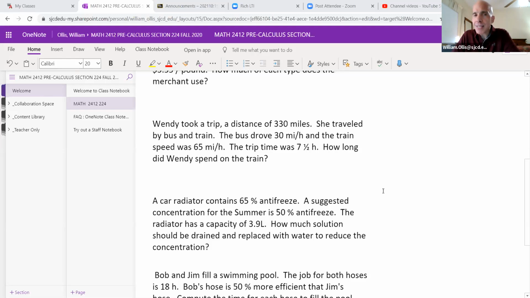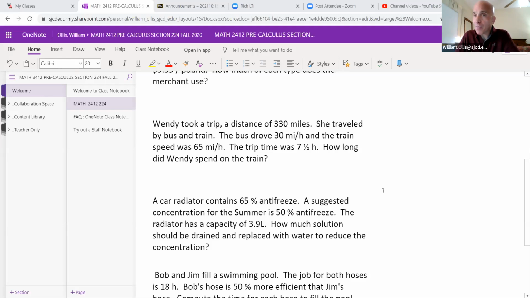Then the question is this: how long did Wendy spend on the train? So what part of that 7.5 hours was she actually on the train? This falls under the category of time, rate, distance. Now here's what I want you to do. I want you to convert any mixed numbers to fractions, and I want you to write a chart that has a bus and a train row, and then fill in time, rate, distance for each of those rows.